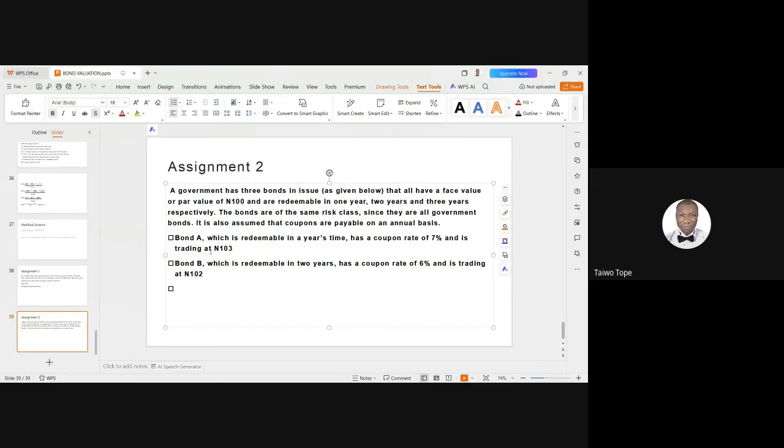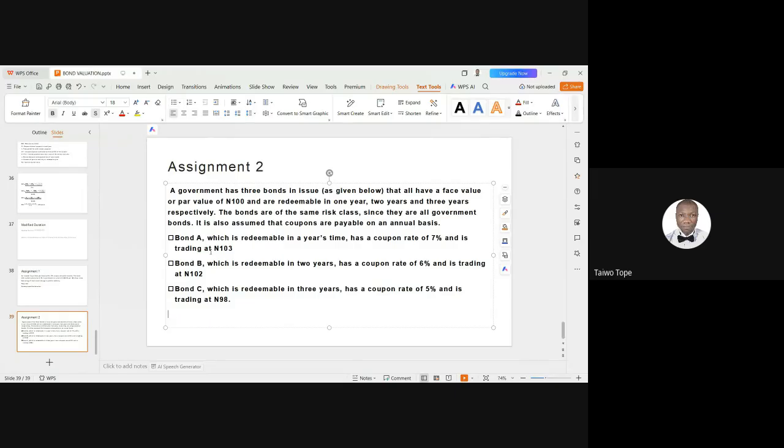Bond C, which is redeemable in 3 years, has a coupon rate of 5% and is trading at 98 naira.